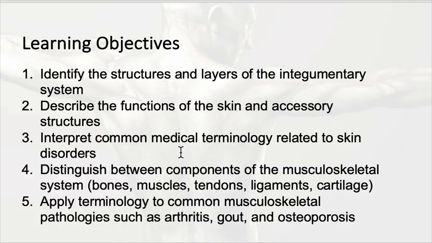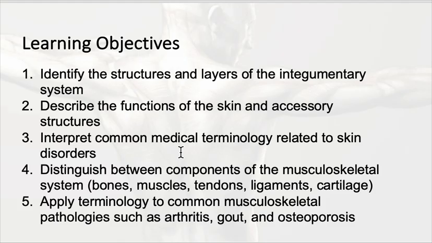Then we are going to follow the same flow for the musculoskeletal system. We'll have a brief discussion on the anatomy. We'll talk about the structure in general of bones, muscles, distinguishing between tendons, ligaments, and cartilage, with a focus on the medical terms, right? So the combining forms for these specific structures, to be able to recognize them in practice.